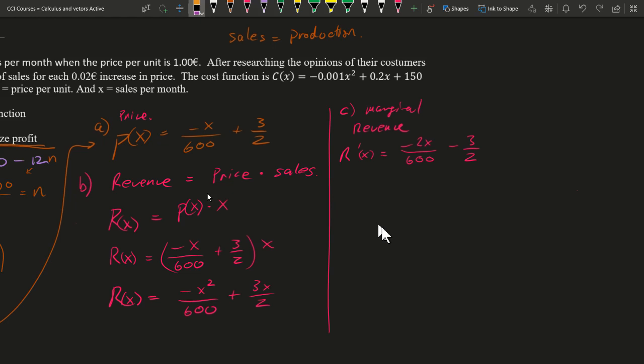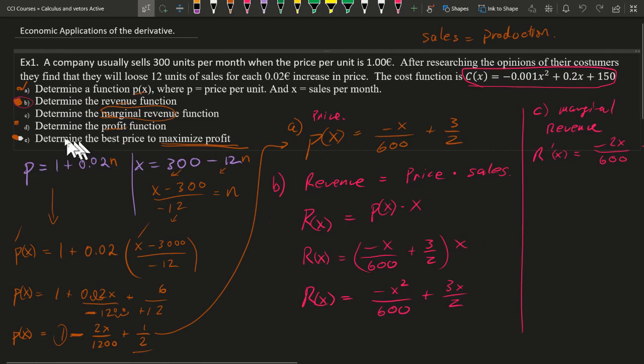Okay? Now, maximum revenue is pretty nice, but what's better is maximum profit, because revenue doesn't take into consideration cost. So let's now move into these two last questions. Determine the profit function and the best price to maximize profit. All right.